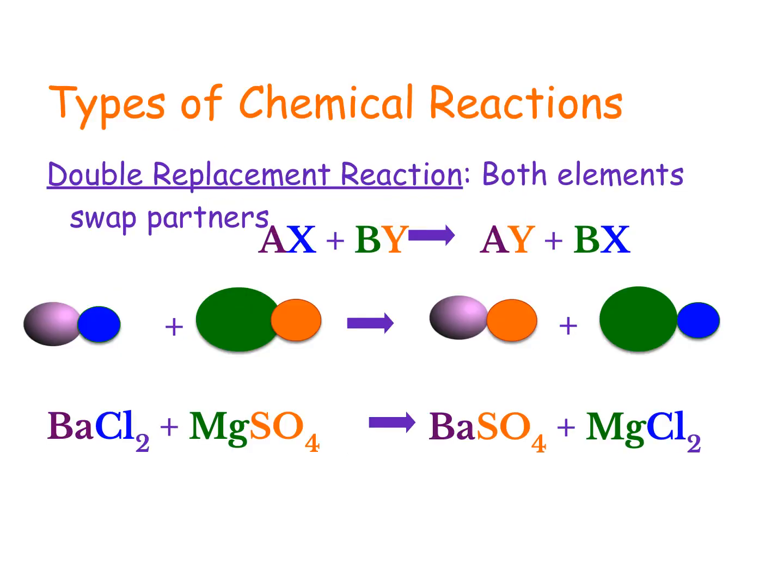The next type of chemical reaction we are doing is double replacement. And this is a lot like single replacement, except we are starting with 2 compounds and ending with 2 compounds. So you can see we have AX plus BY, and that becomes AY plus BX. So either the cations or the anions switch partners.